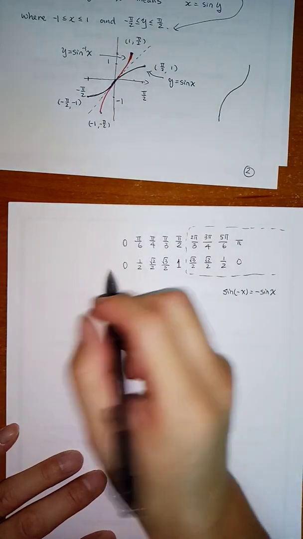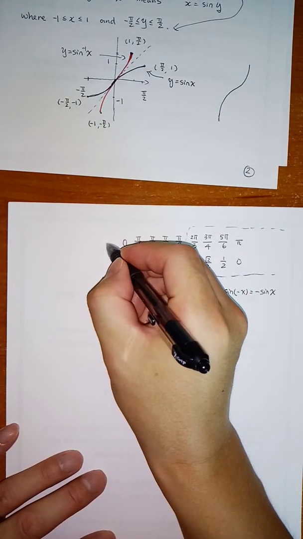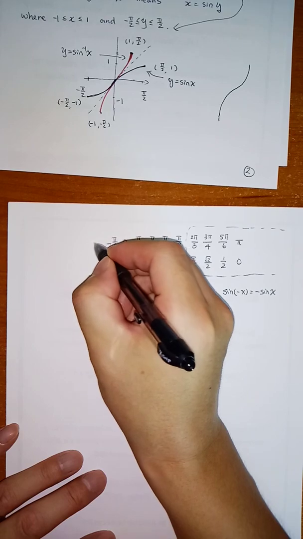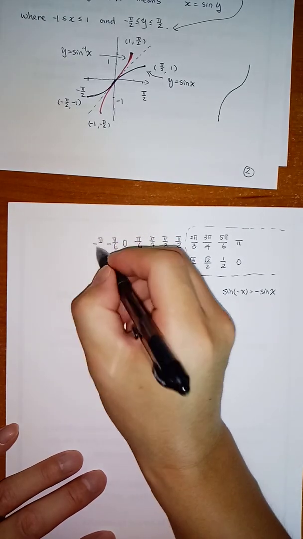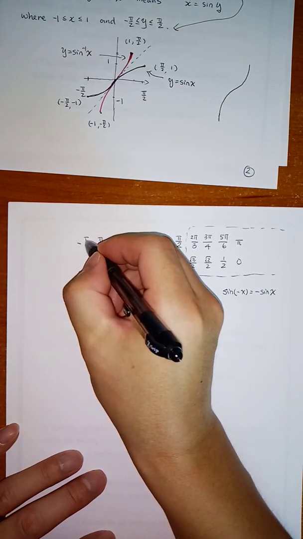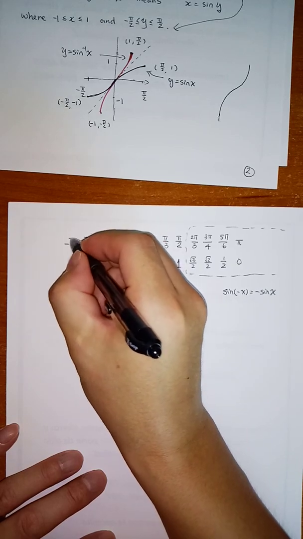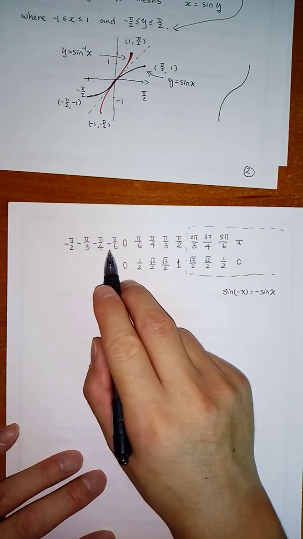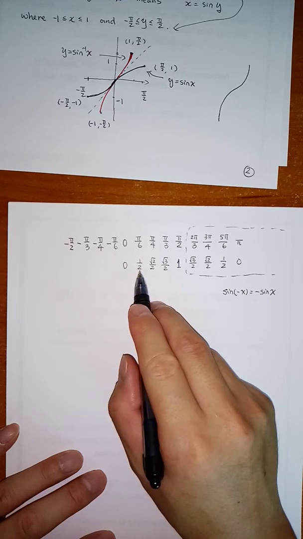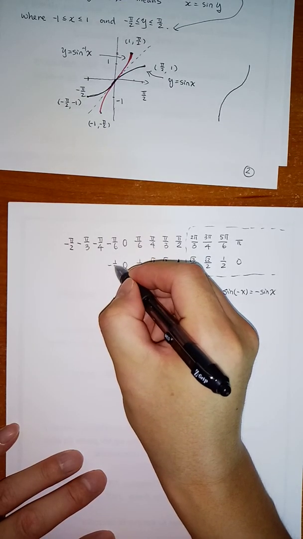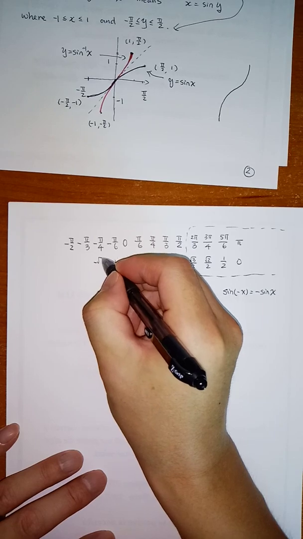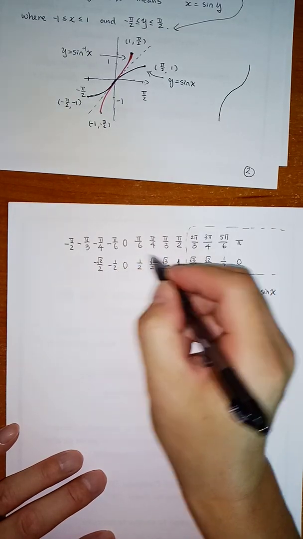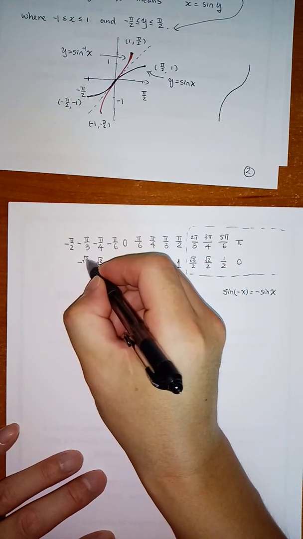So when you put it here, you get negative pi/6, negative pi/4, negative pi/3, negative pi/2. For a negative input, you get a negative output, respectively.